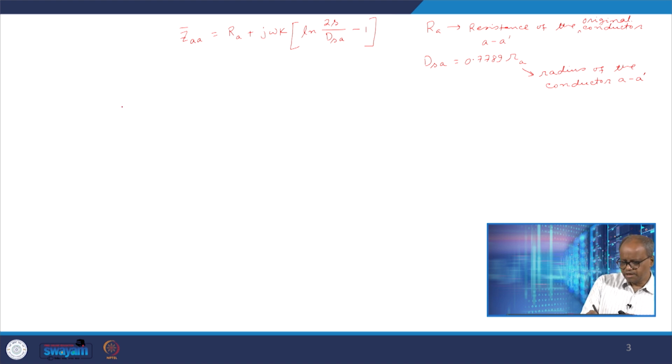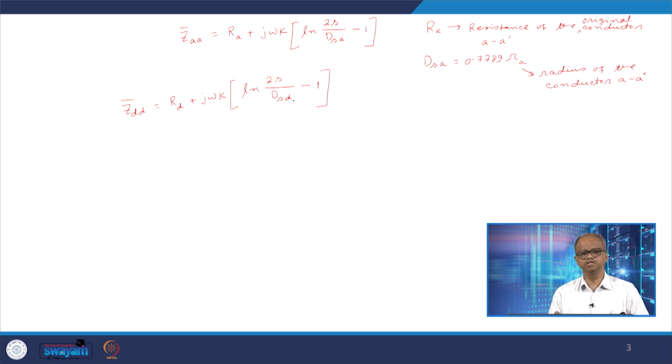Now, what would be ZDD? ZDD would be RD plus j omega k, length is same. So, then therefore, log twice S by DSD minus 1, right.